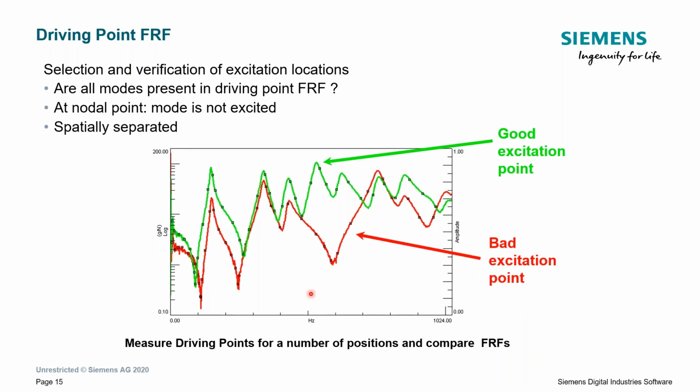Now, when we go to test our structure, a lot of times we'll do something called a driving point survey. All right, and so you can see by doing a driving point survey, I can get some different locations. Okay, so we've got 1 good driving point and 1 bad excitation point. If I was going to conduct my test, I want to do this driving point survey, kind of like what we did in the previous slide.